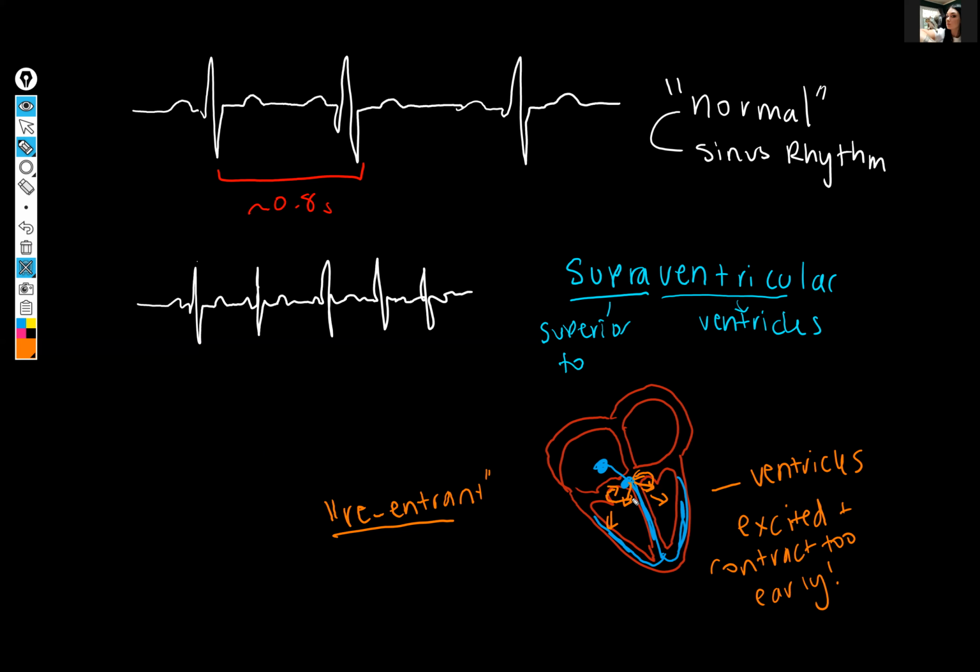And with a re-entrant rhythm, there's basically a mistiming such that the neighboring contractile cells are able to get around the refractory period of the nodal cells and refire the nodal cells, because everything, of course, is connected by intercalated discs with not desmosomes, but gap junctions.